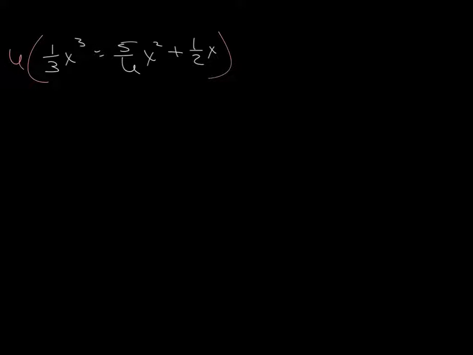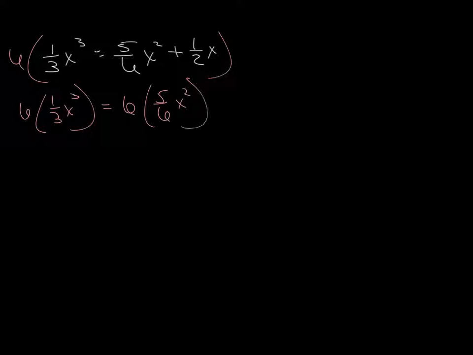So let's distribute that. 6 times 1/3 x cubed equals 6 times 5/6 x squared plus 6 times 1/2 x. Alright, we look there. 6 over 3 is 2.